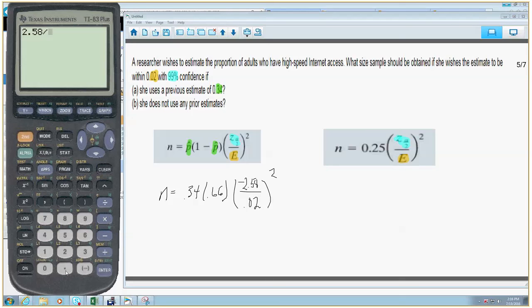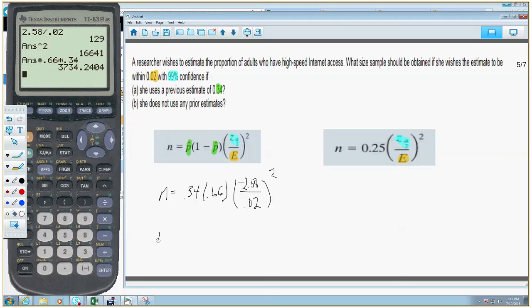Divided by 0.02, then raise that to the second power. Then multiply that by 0.66, and then by 0.34. So we need to get at least 3,700 surveys out. N is equal to 3734.